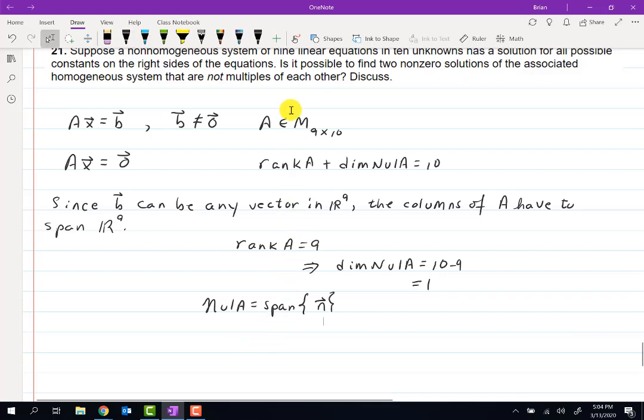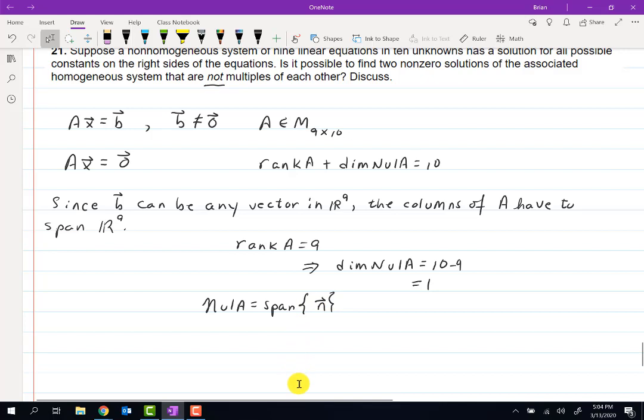So then, is it possible to find two non-zero solutions of the homogeneous system that are not multiples of each other? Well, unfortunately, all the non-zero solutions are multiples of this one particular n.